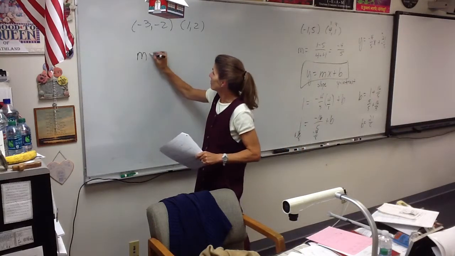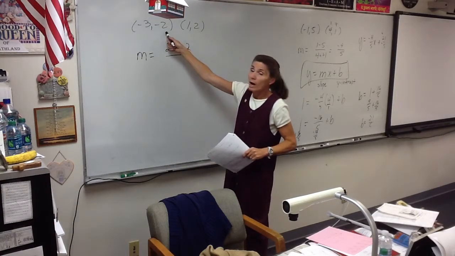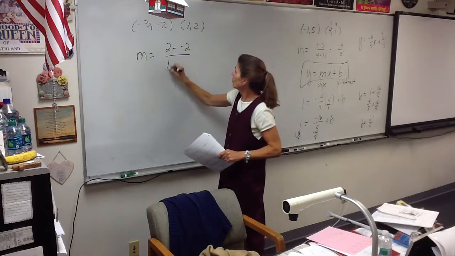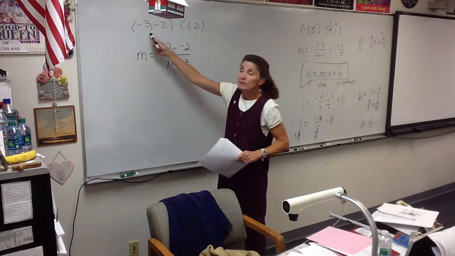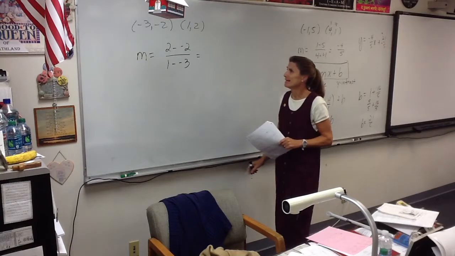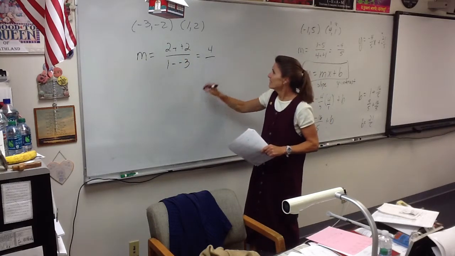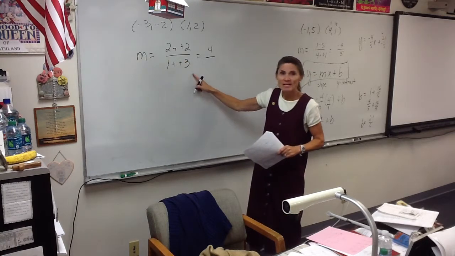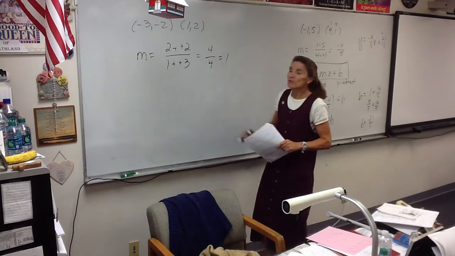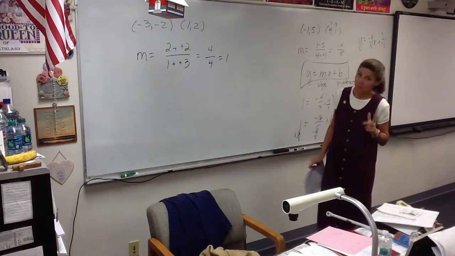The slope is 2 minus negative 2, y minus y, over 1 minus negative 3, x minus x. Ooh, I think we got lucky. 2 minus negative 2 is 4, and 1 minus negative 3 is 4. So the slope of this line is 1. That's going to make it easy.